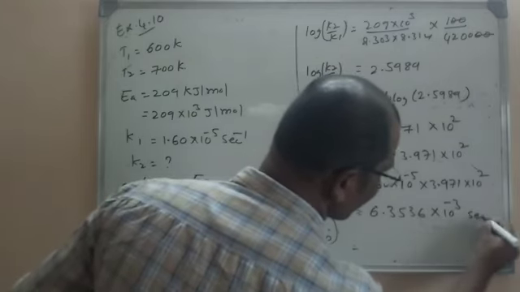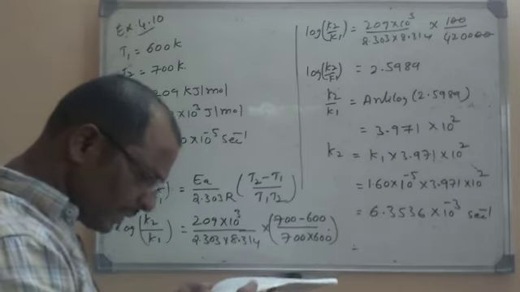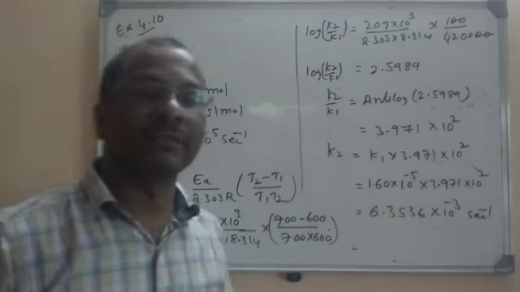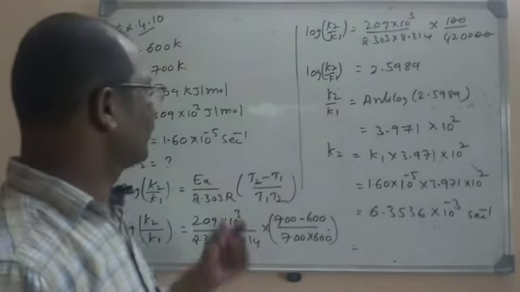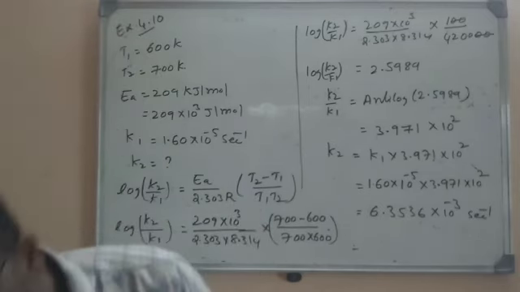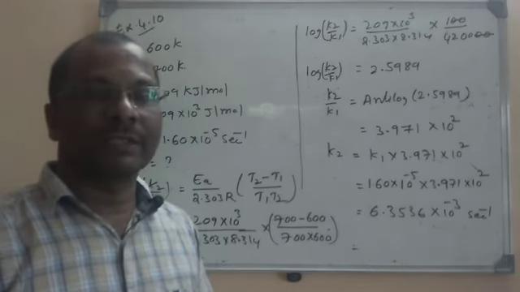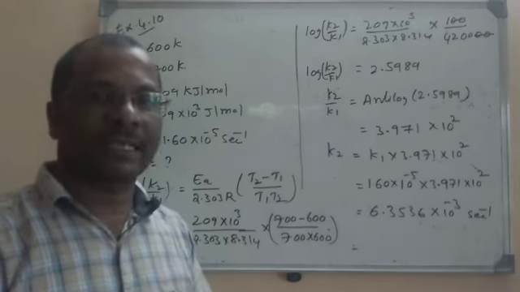This is the velocity constant K2. So what is the final answer? 6.3536 into 10 power minus 3 second inverse. So here everything is given except K2. By substituting we have determined the value of K2. In this way you can apply the Arrhenius equation. We'll meet in the next class. Thank you.